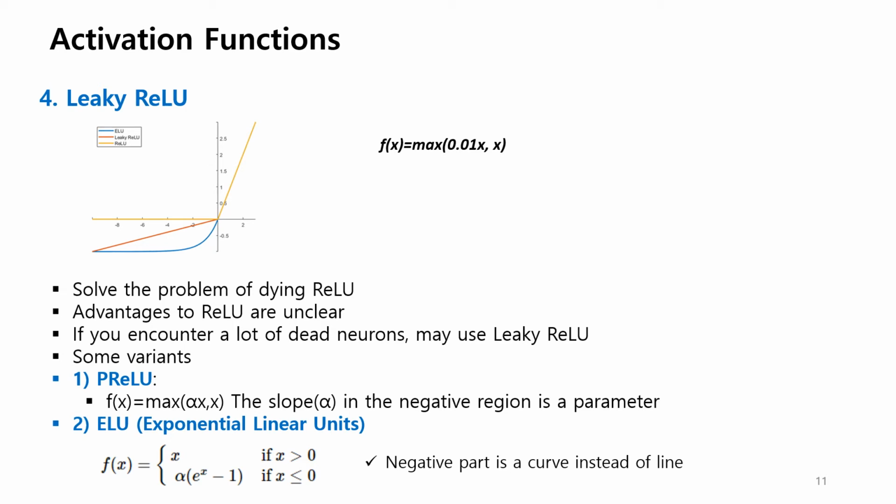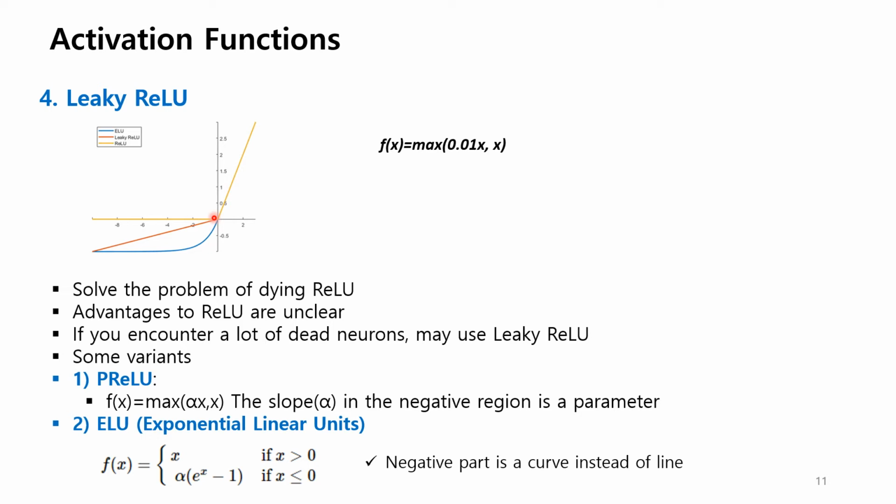The next activation function is called leaky ReLU. It is similar to ReLU, but there is a slight difference. If you look at this picture, this is the shape of leaky ReLU. In traditional ReLU, this is the shape, and when x is negative, it returns 0. Because of this, many ReLU units die and nothing happens after that.